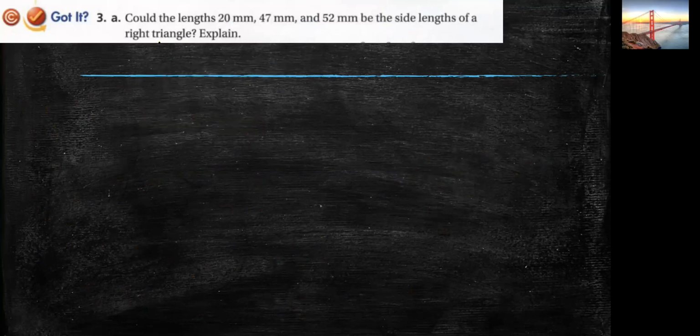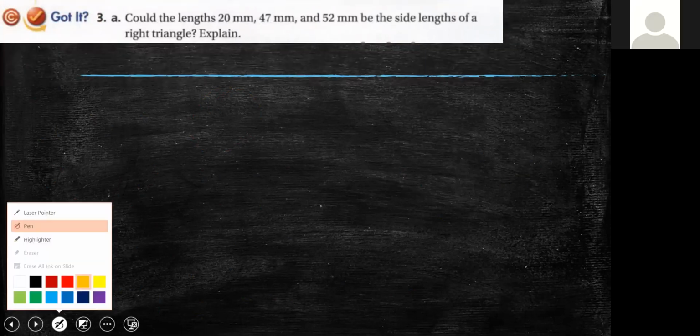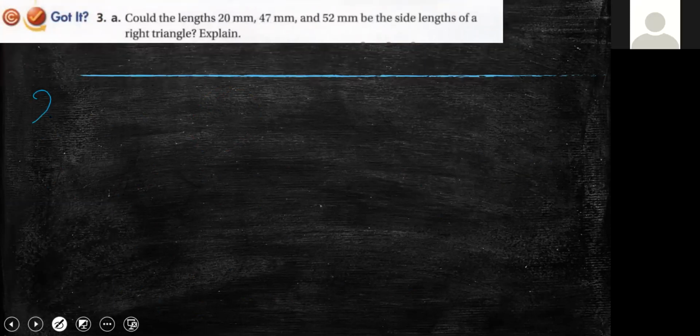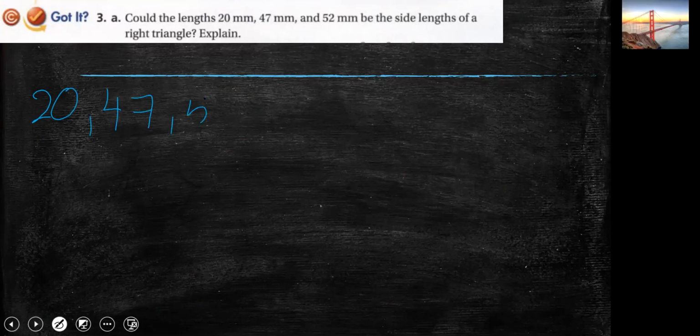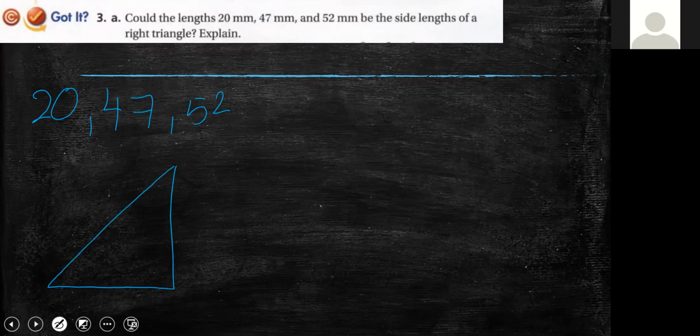Could the lengths 20, 47, and 52 be the side lengths of a right triangle? Explain. Let's see. Here I have 20, 47, and 52. Where is the 52? Is it a hypotenuse or a leg?